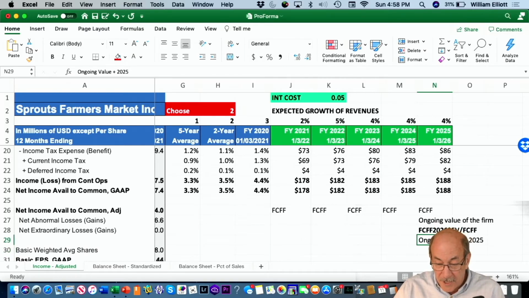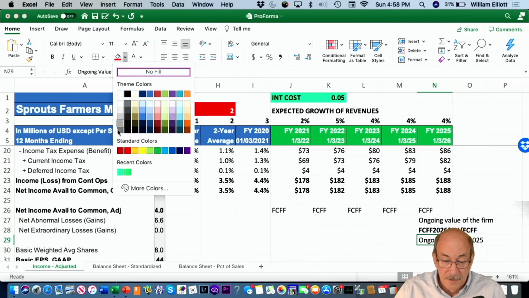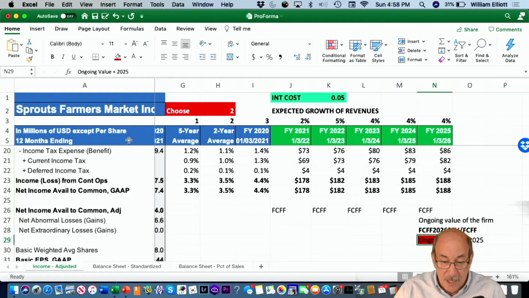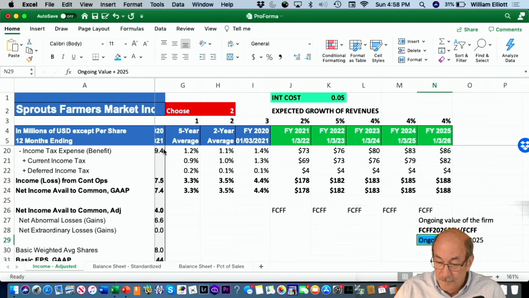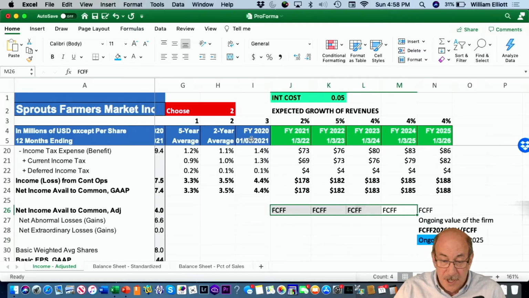All right, so now I've got this cash flow. Let me just change the color on these things. That's a bad color. There we go. I've got that cash flow, and I've got these other 4 cash flows.